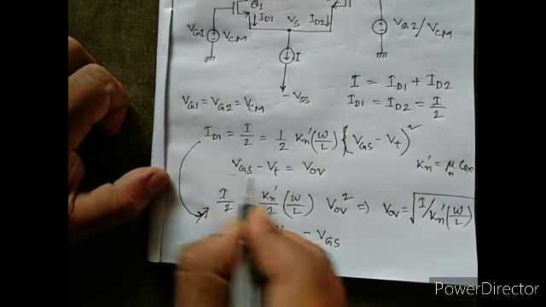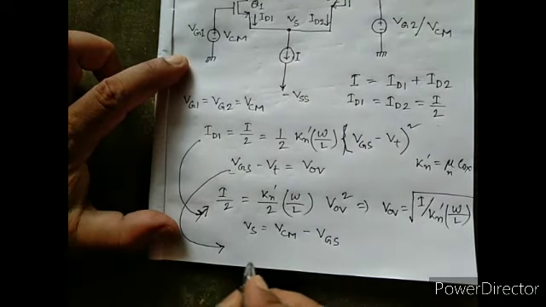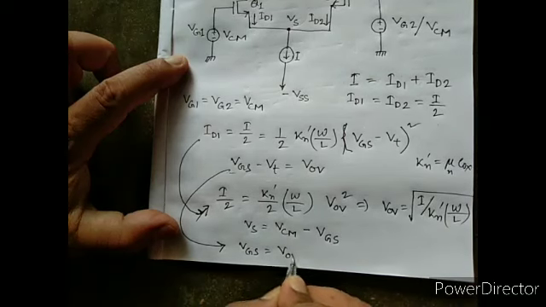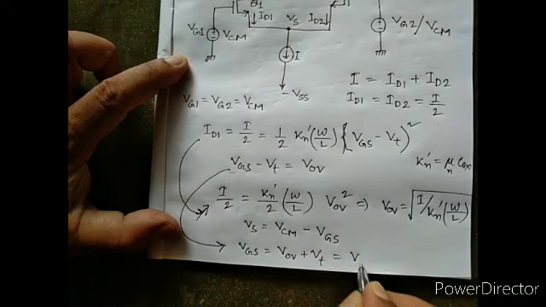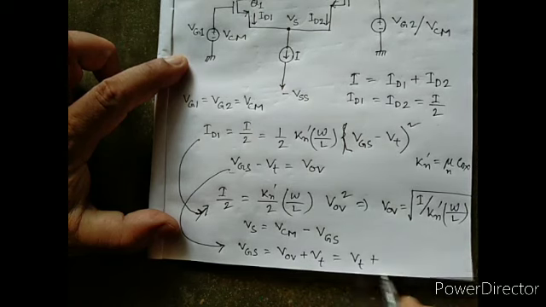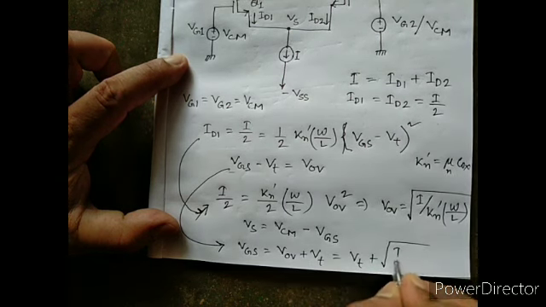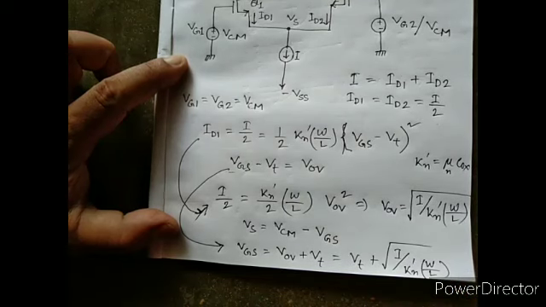Now from here we can also write VGS equals V overdrive plus VT, where V overdrive equals root of I by Kn dash W by L.